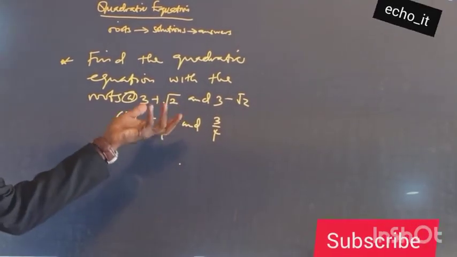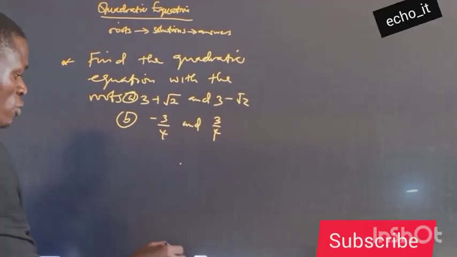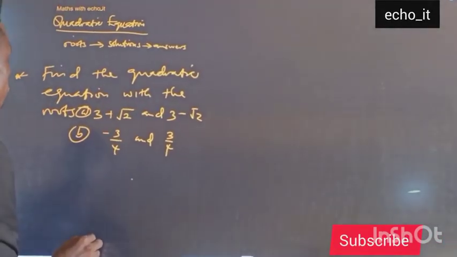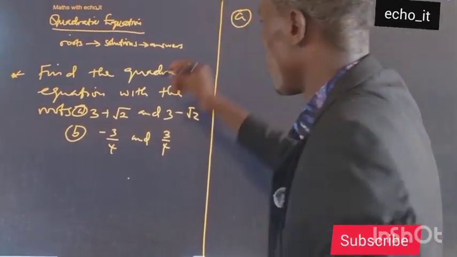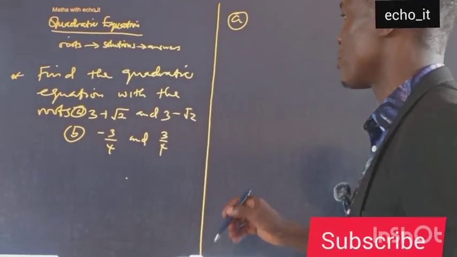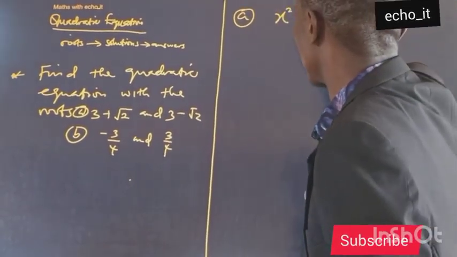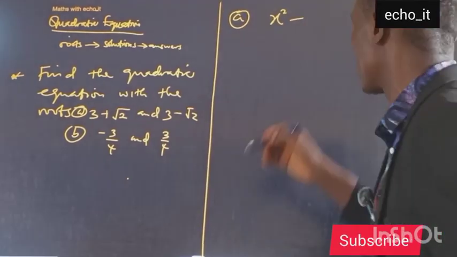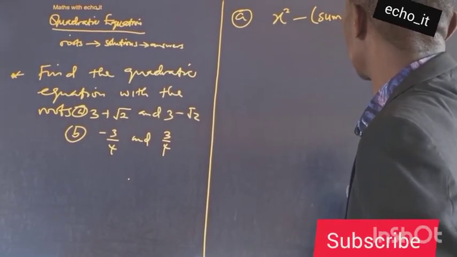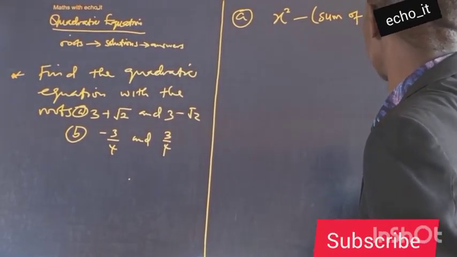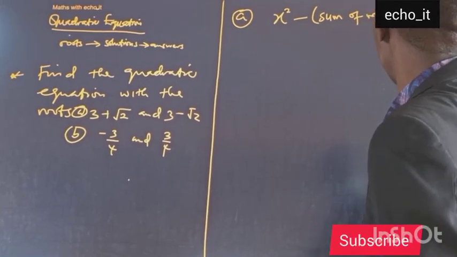So how will you form a quadratic equation with this? Let's go with the first one, the A part of the question. When you have 3 plus root 2 and 3 minus root 2, remember the formula you're going to use to form a quadratic equation is x squared minus the sum of roots, plus the product, equal to 0.